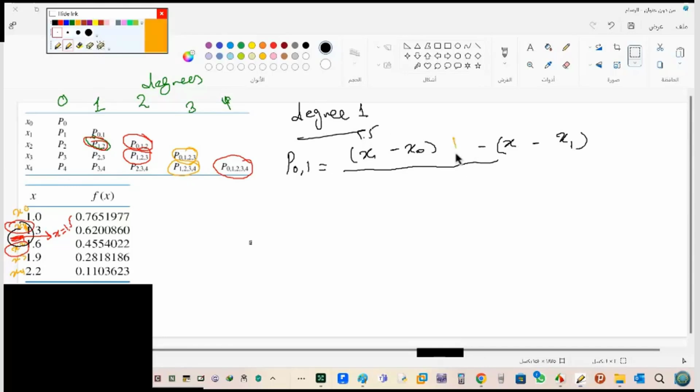Multiply B0, P1. Here we have, see, we flipped. Sorry, here, sorry. B1, B0. I made a mistake. Then in the denominator, you have to change. X1 minus X0. Is it clear?